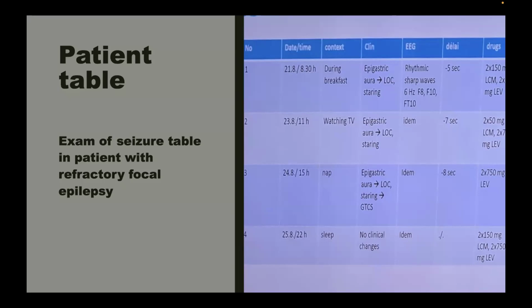So if this patient has four seizures in video EEG monitoring over a long time, as we know, we have short-time video EEG monitoring and long-time monitoring. In the long one we use a table to mention each type of seizure, maybe focal or multifocal.